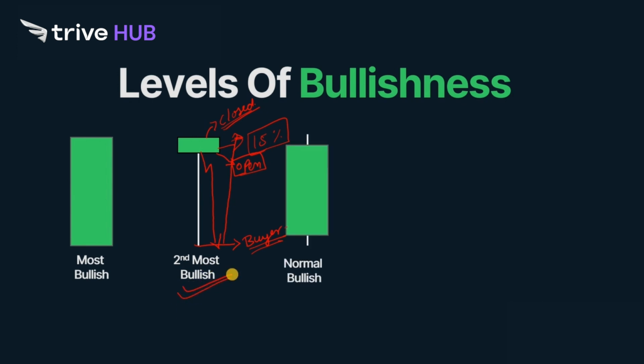Third type of candle is the normal candle, normal bullishness, which shows that the price opened here and buyers were pretty aggressive, but there are still some sellers. In the previous case there were very few to no sellers, only buyers. But here there are some sellers and they pushed the prices a bit lower after the open, and again buyers came into the picture and pushed the prices all the way up to here, which reflects a very good positive movement.